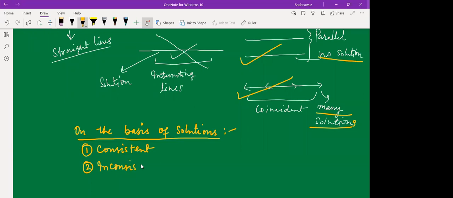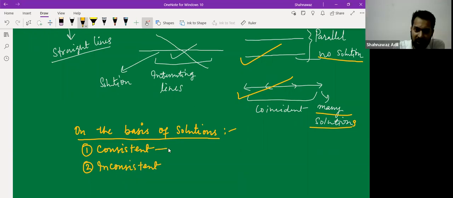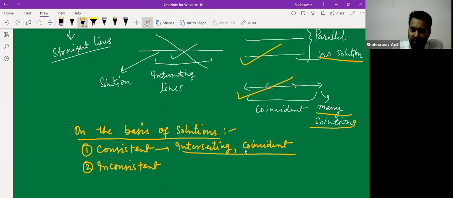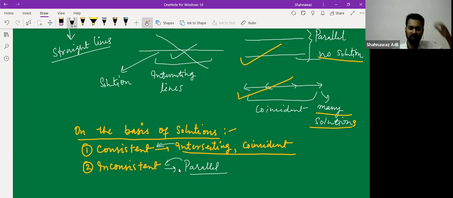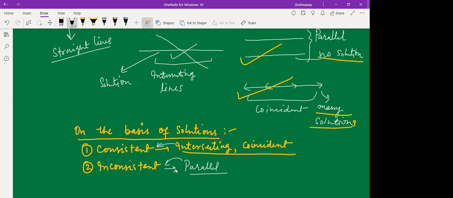If you have a solution, the intersecting and the coincident are called the consistent ones, and the parallel ones are called inconsistent. Understood, Adil? Yes.